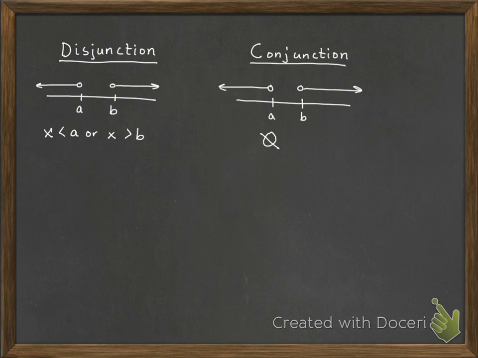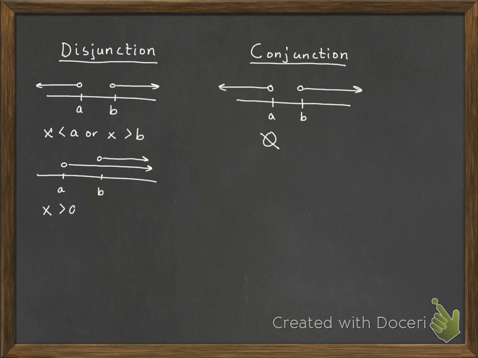Another way that we can represent a disjunction is A and B, and they are both going in the same direction. The disjunction answer is which one is covering more of the number line.